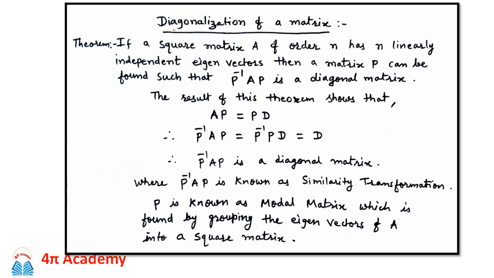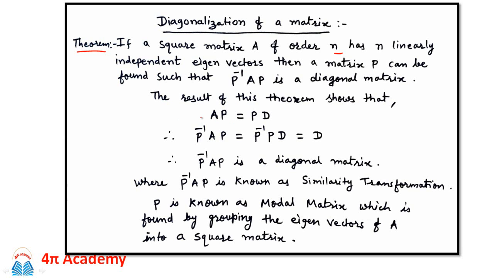Then the next is the diagonalization of a matrix. The theorem for the diagonalization of a matrix is: if a square matrix A is of order n and has n linearly independent eigenvectors, then the matrix P can be found such that P inverse AP is a diagonal matrix. The result of this theorem shows that AP is equal to PD.